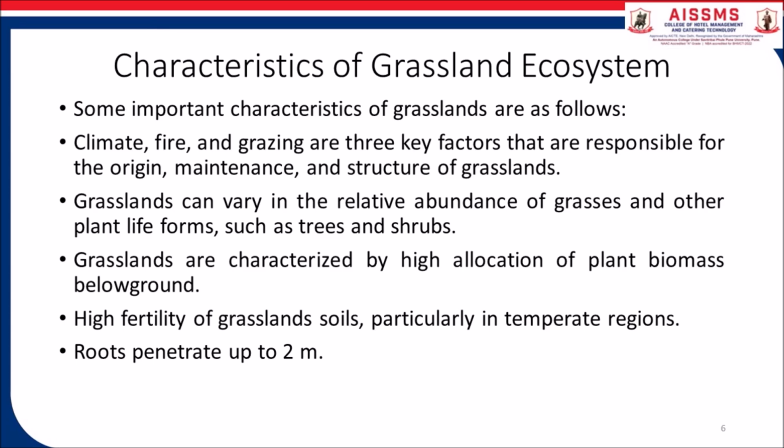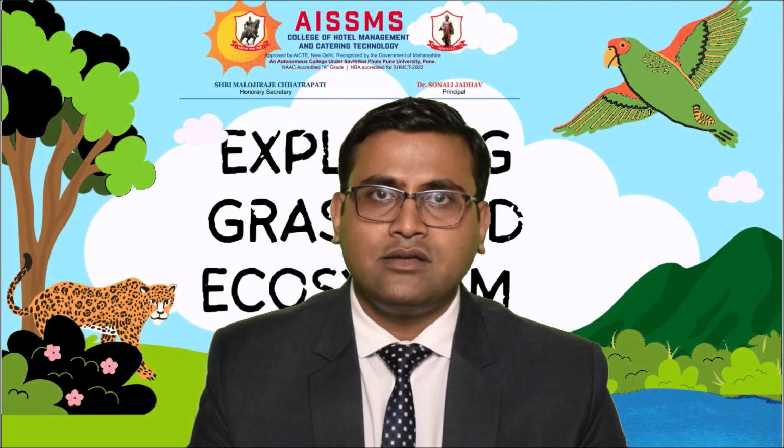There is a large input of plant root litter to the soil, resulting in high fertility of grassland soil, particularly in temperate regions. Roots of most species in the prairie grassland penetrate up to 2 meters in length.